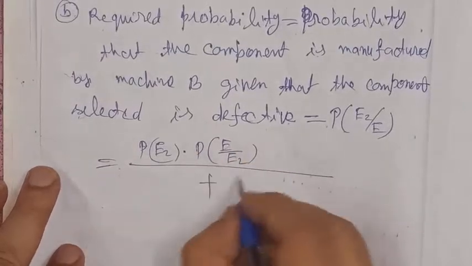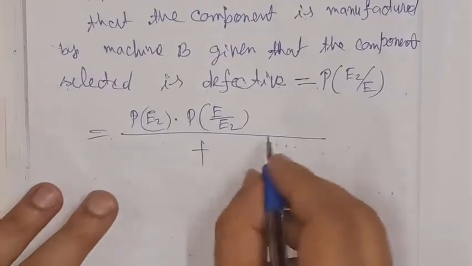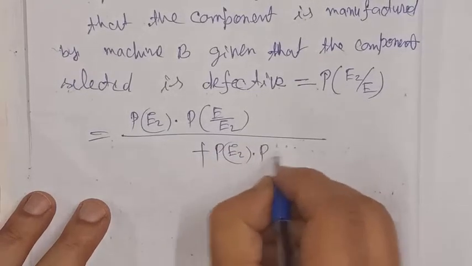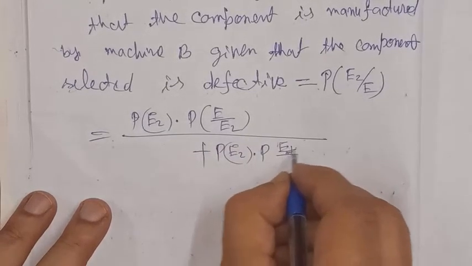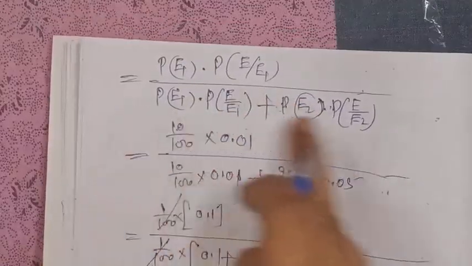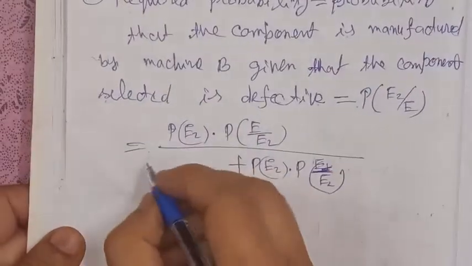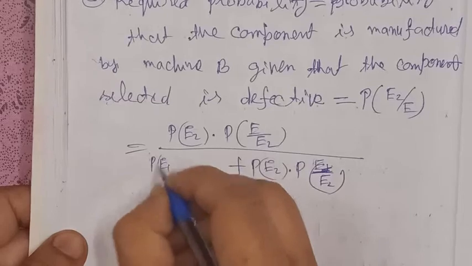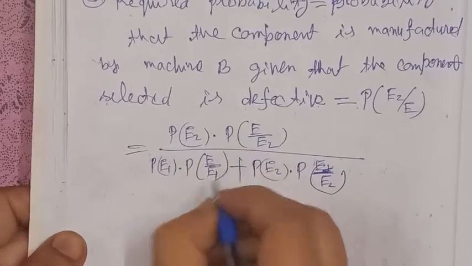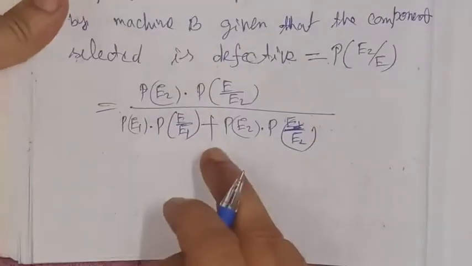The denominator is the same in the previous question and this question, so we write P(E1) into P(E by E1). This value is common in both cases.